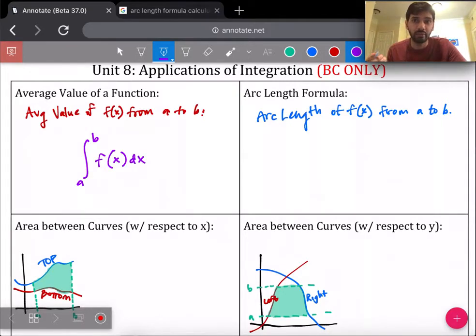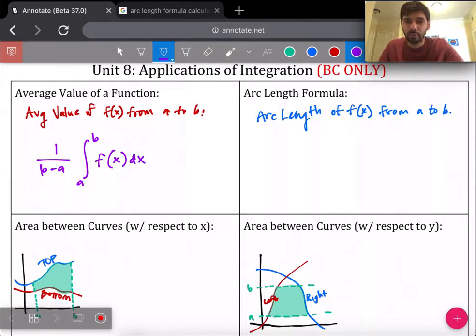So it's kind of like an average. You total everything up and then you divide by how many things there were. So here we want to do 1 over, this represents the divided by b minus a. And there's your average value formula. 1 over b minus a times the integral of the function that you're finding the average value of.